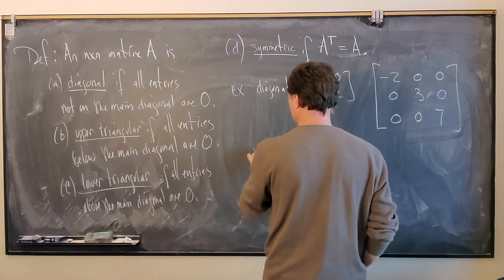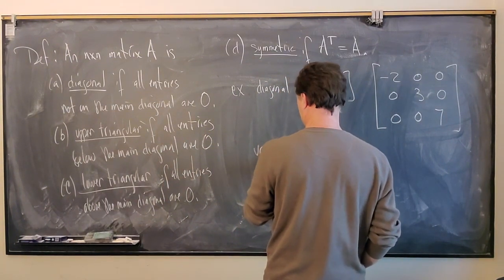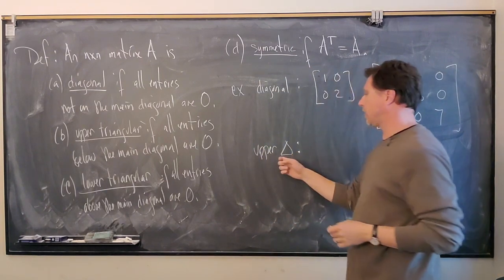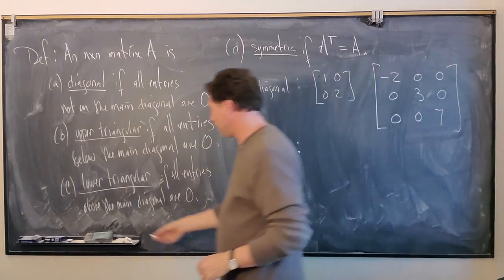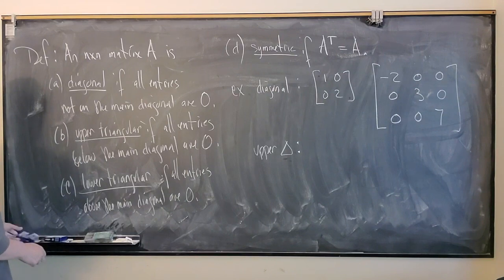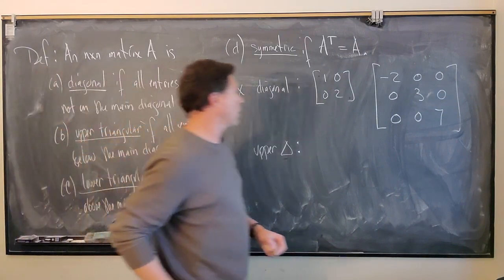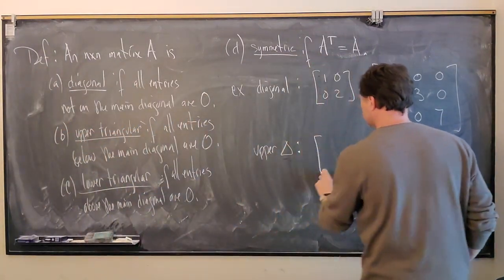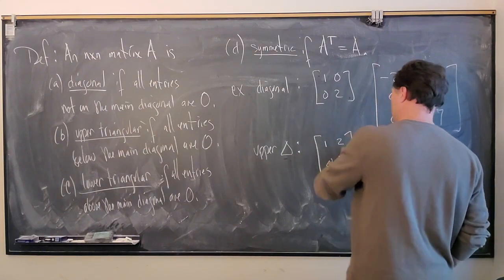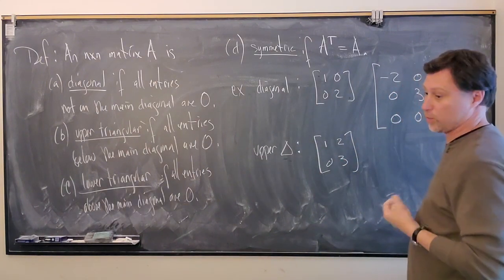Upper triangular. I like to abbreviate it by just putting a little triangle there. So an example of upper triangular: I need to draw a matrix where the entries below the main diagonal are zero. So there's a 2 by 2 upper triangular matrix.